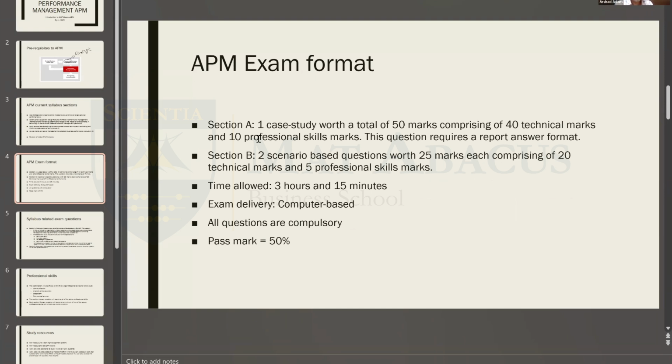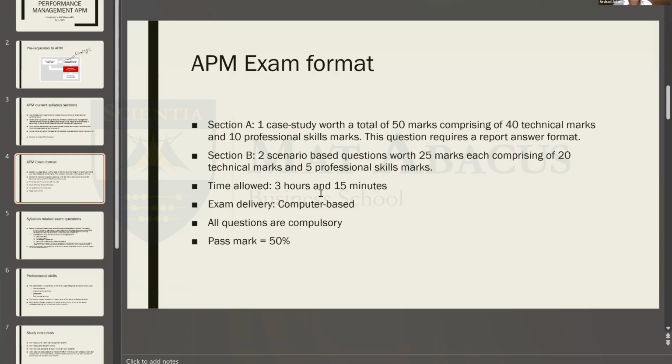If you have done AFM or AAA, they all have the same professional skills marks, including on your SBL. Then in section B, you have 2 scenario-based questions. Each one is worth 25 marks. Again, you have professional skills 5 and technical marks 20. Technical means the core knowledge.